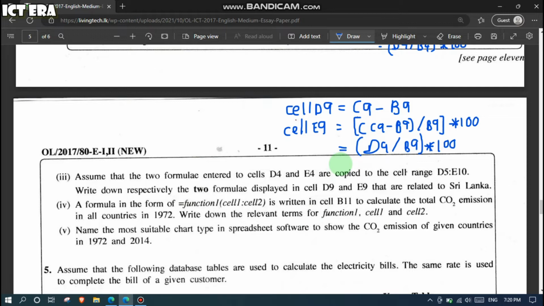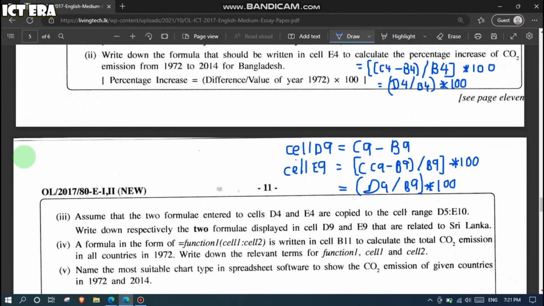A formula in the form of equal function 1, cell 1 to cell 2 is written in B11. To calculate the total carbon dioxide emission in all countries in 1972, write down the relevant terms for function 1, cell 1, cell 2.